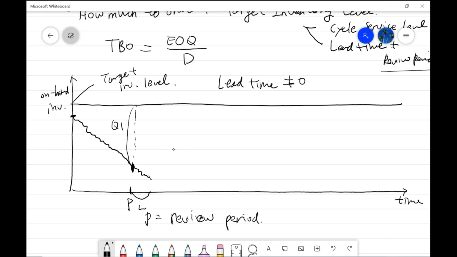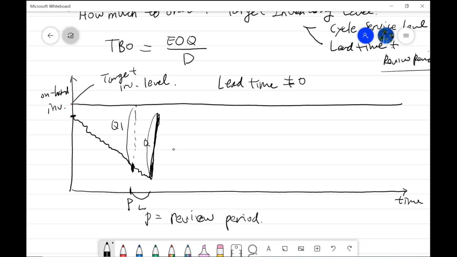But am I going to receive the product right away? As I said, lead time is not 0, so I have to wait for the lead time to receive this order. During the lead time the inventory level is still decreasing, and only after the lead time is over can I receive the Q1 I previously ordered. Then I can see my inventory level increase.